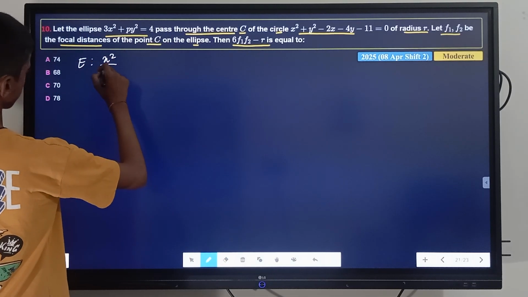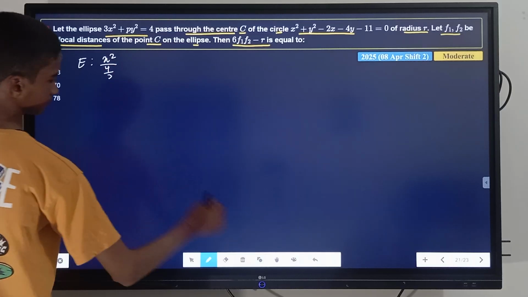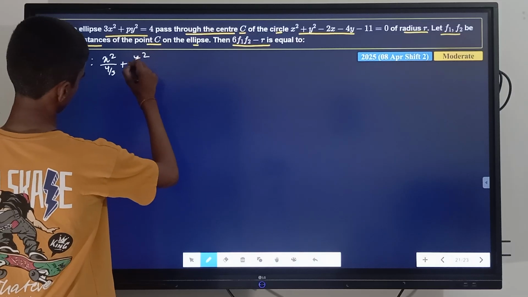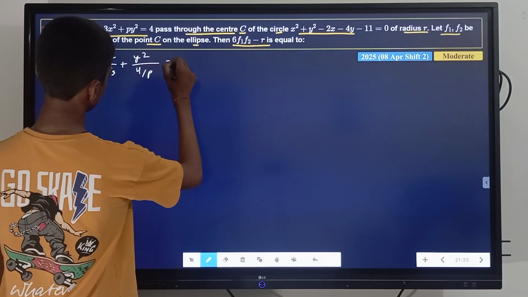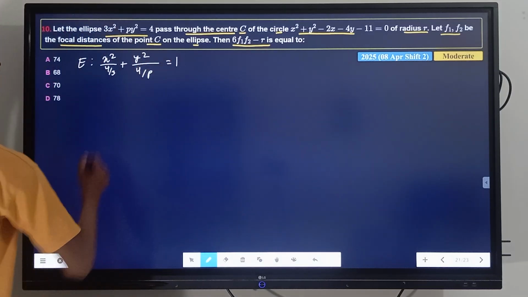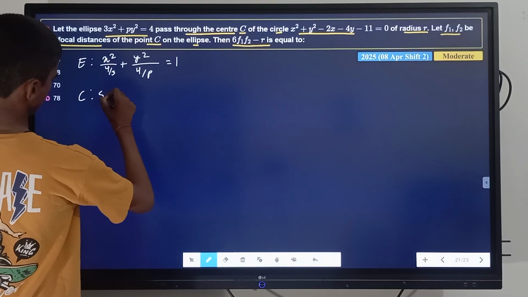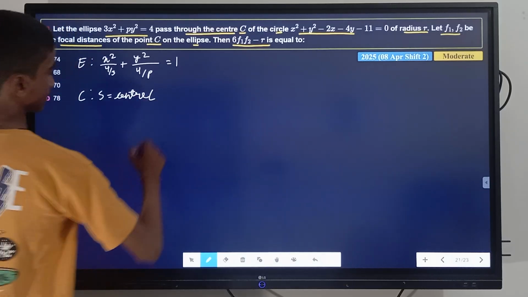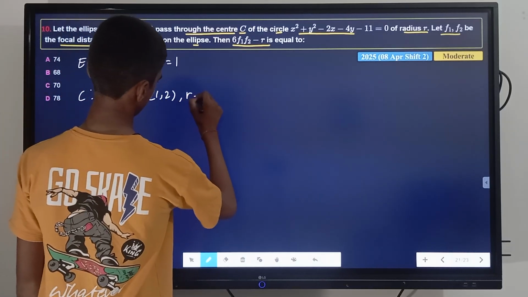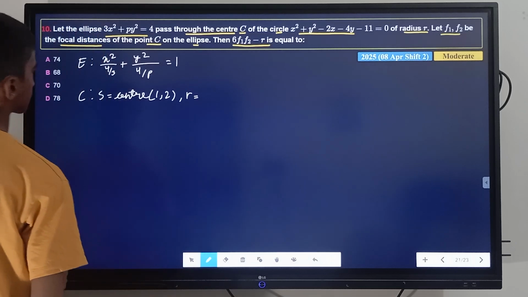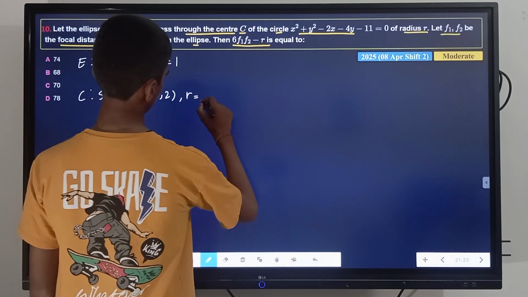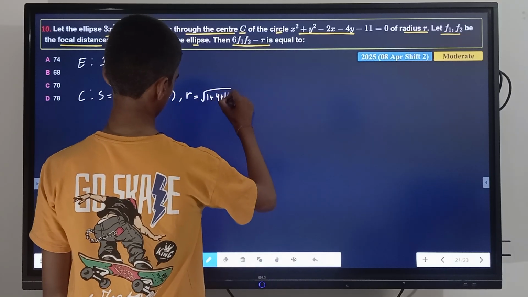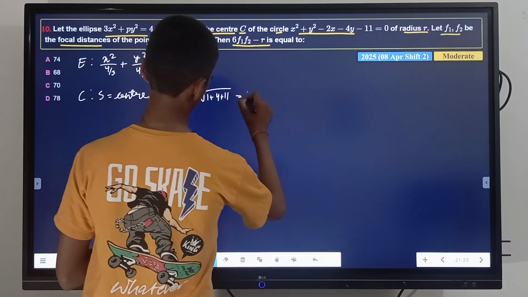X square upon 4 upon 3 plus y square upon 4 upon p is equal to 1. Now for the circle, the center will be 1 comma 2 and radius will be equal to under root of 1 plus 4 plus 11, which is equal to 4.